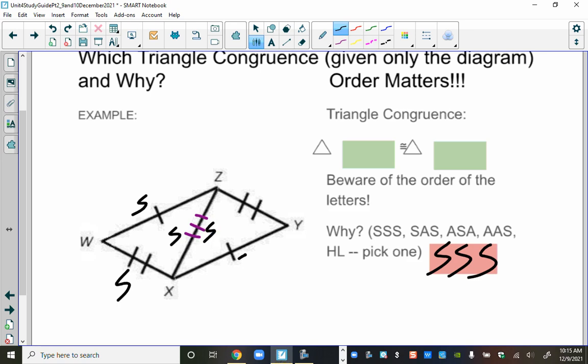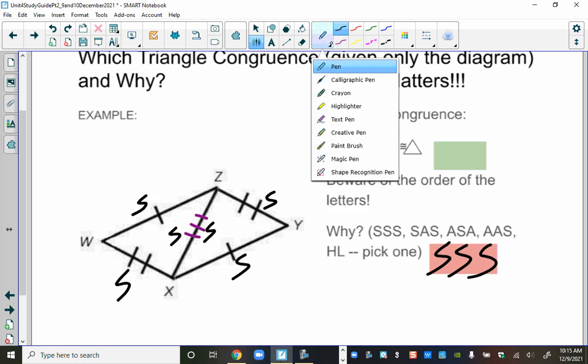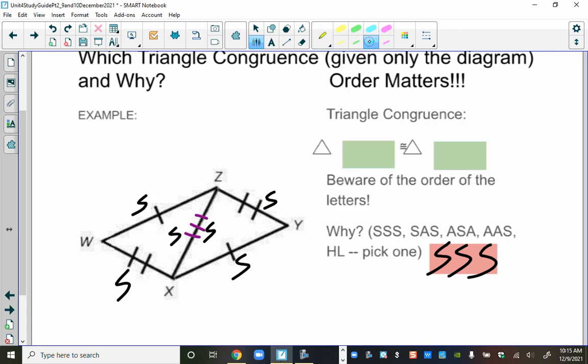Yep, side. Now, first triangle, which triangle do you want to use first? The one that's on the left or the one that's on the right? You tell us. The right one.